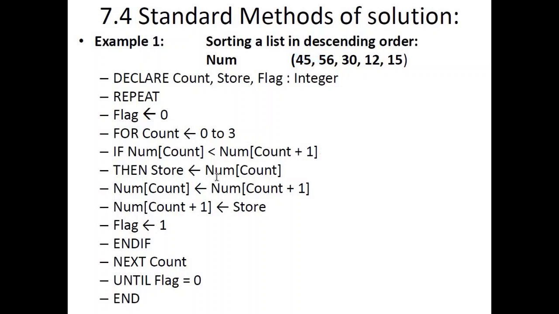Then put the value num count, means this 45, into store, and swap the value of num count plus 1 with num count, means this 56 would come over here, and num count plus 1 would have the value of store, that was 45. So this 56 would come over here.